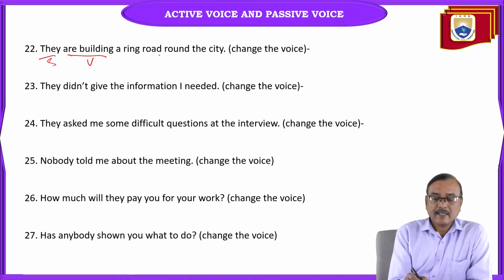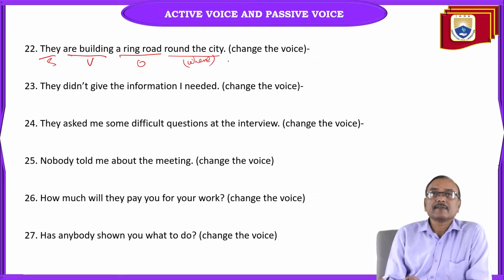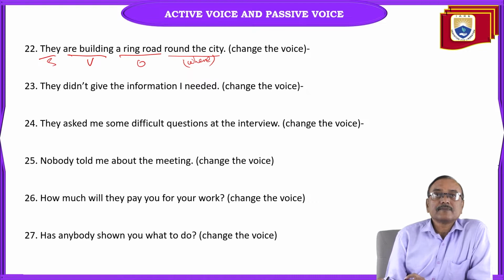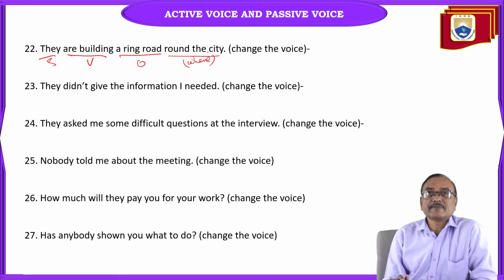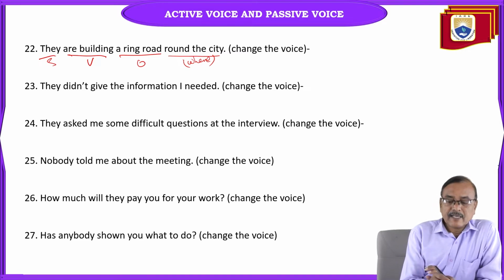What is that here? A ring road. Okay, this is the object. Okay, where is it? It is the answer for where. So you can join this object with where, no problem. Right?